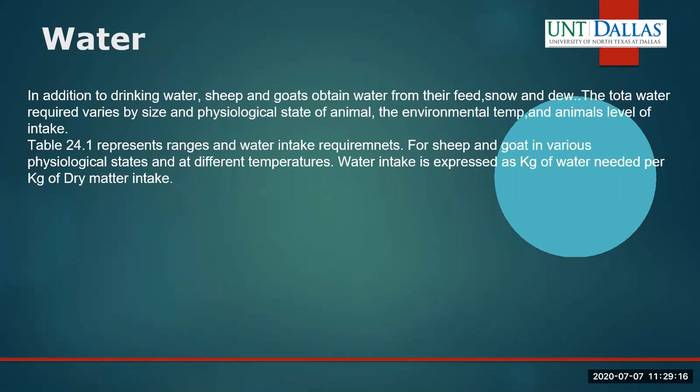There is a table 24.1 in the book that presents a range in water intake requirements for sheep and goats in various physiological states and at different temperatures. Water intake is expressed as kilograms of water needed per kg of dry matter intake.